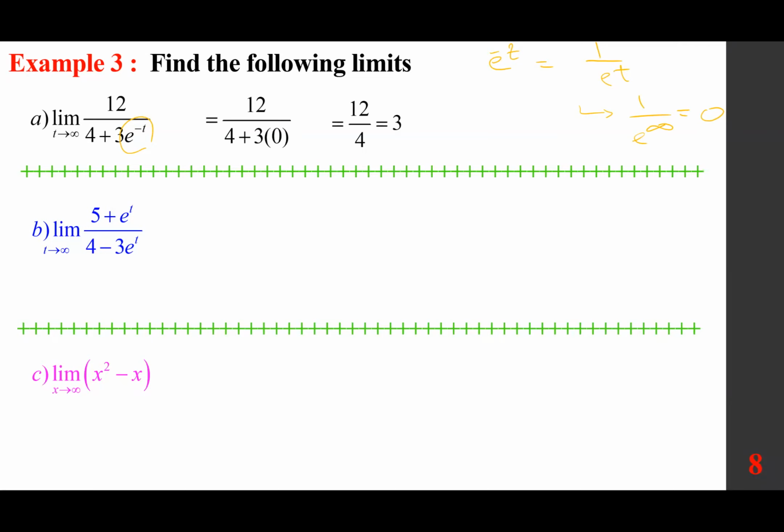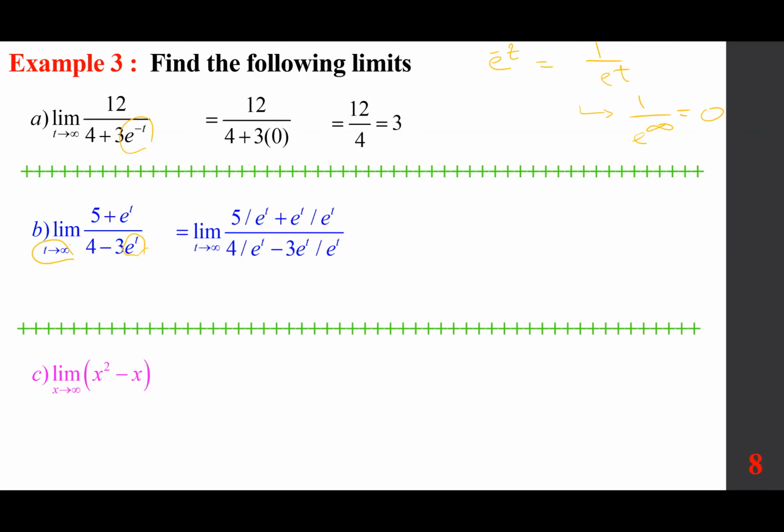Part B, it is not a rational expression because the top and the bottom must be polynomials to be a rational expression. However, following the methodology, we divide by the highest value in the denominator, which is e to the power of t, because it is approaching infinity.